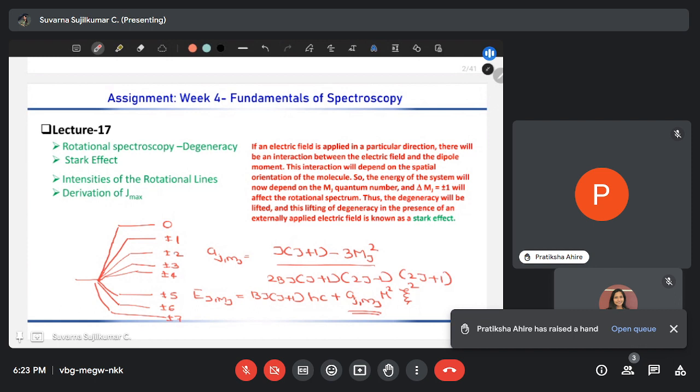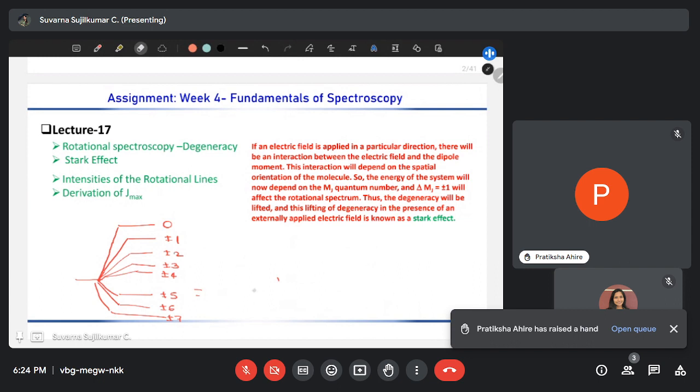Okay, this is the mathematical expression for A_J,M_J, the constant that we find if the molecule is in the presence of an electric field; the energy can be given by that equation. Correct. This was all discussed in the lecture videos, so we are just recapping that.